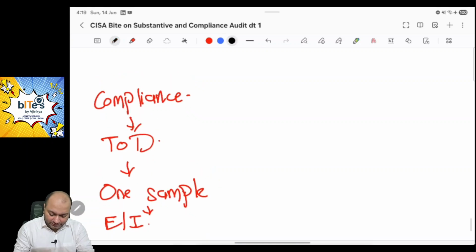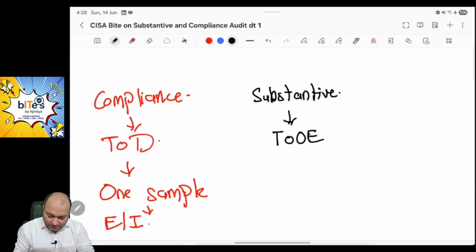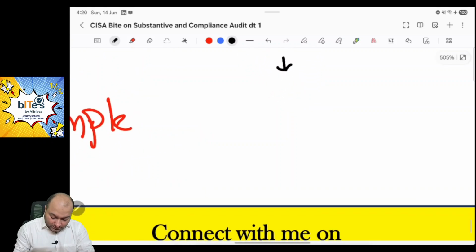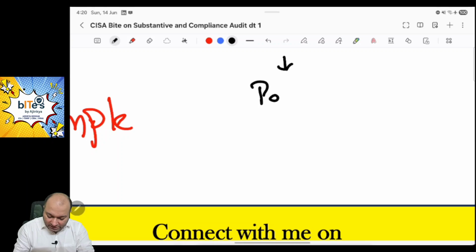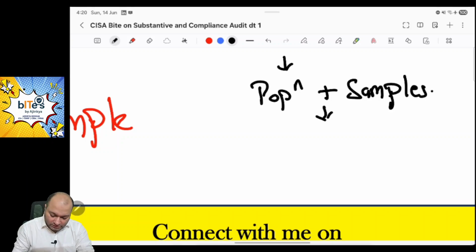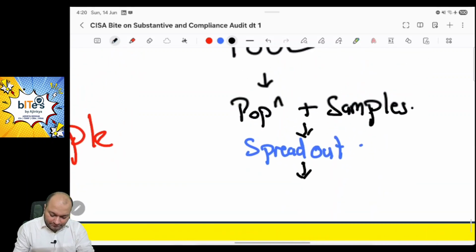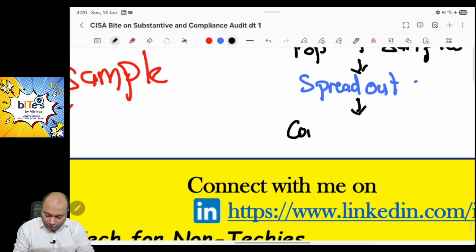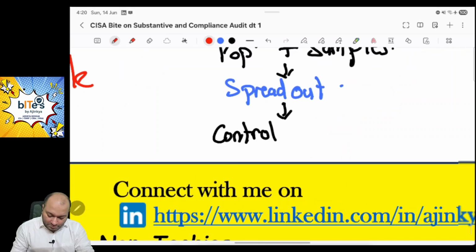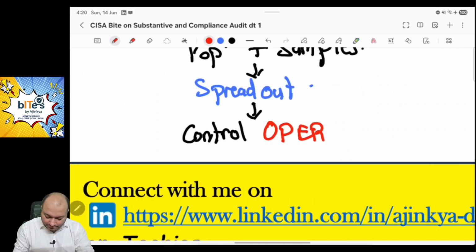And substantive testing is called test of operating effectiveness, where the population is extracted plus samples are selected, which are spread out throughout the year, and we test whether the control operated effectively throughout the year or not.